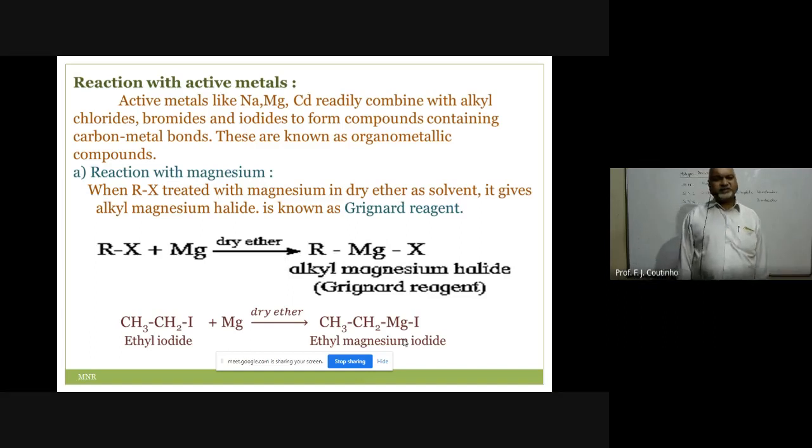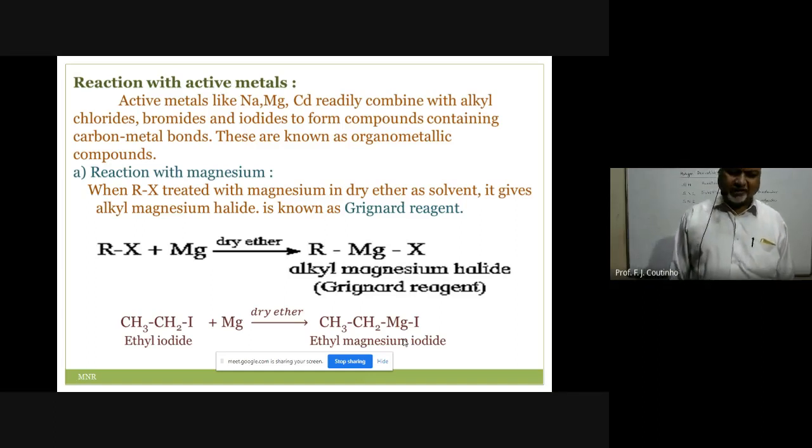If this R is substituted by methyl or ethyl, it becomes methyl magnesium chloride, where X is Cl. So this is a Grignard's reagent. Grignard is the scientist who invented this reagent, and that's why it is named after him. If you see, it is an addition type of reaction, with an addition of magnesium.